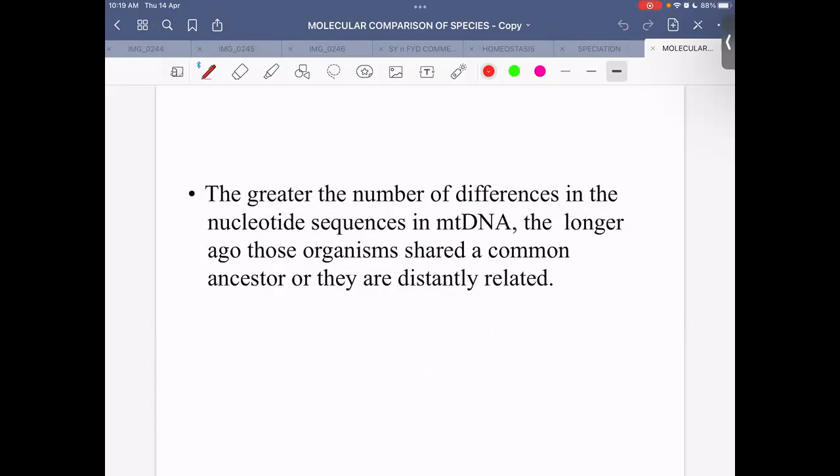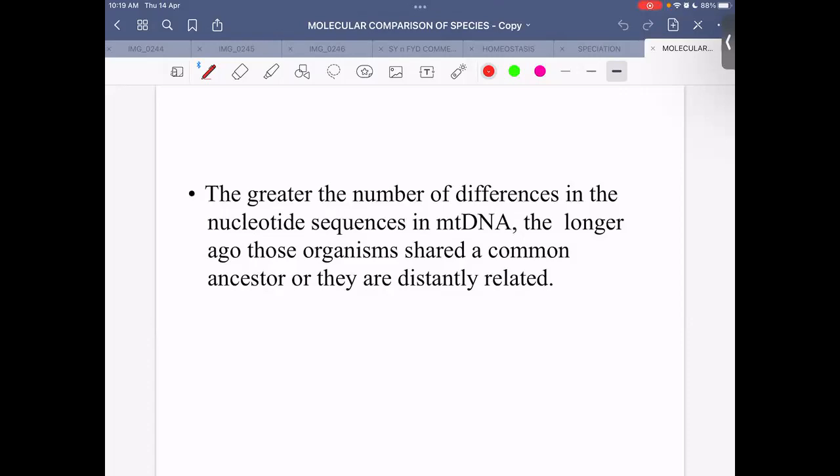And the smaller the number of differences in the nucleotide sequences in mitochondrial DNA, the closer those organisms were as far as their ancestral relationship of evolution is concerned, right?